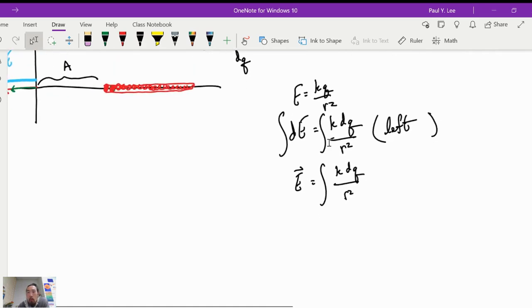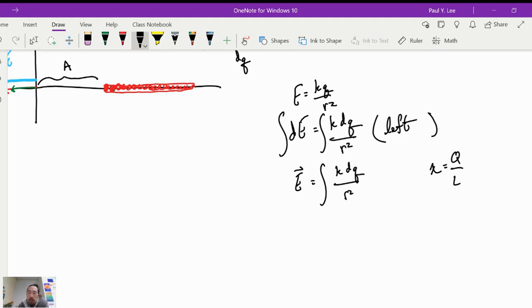This shape is a cylinder, or it's a line made up of tiny little charges. And so what we have here is a linear density of charge, a uniform linear density of charge. We represent that with this right here, the total charge based on the total length, charge per length.